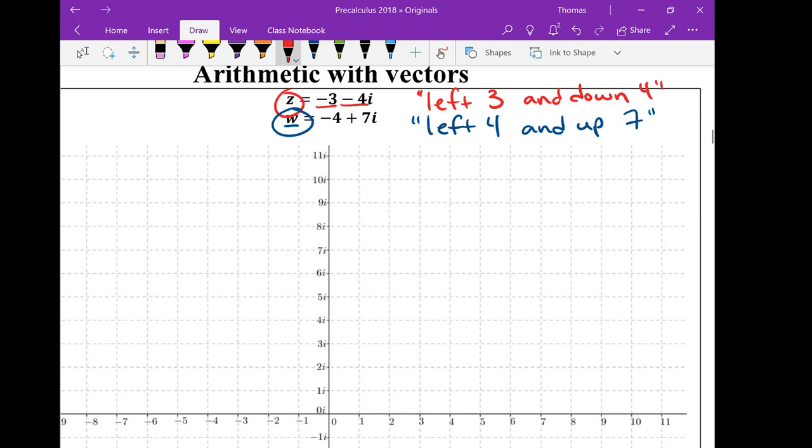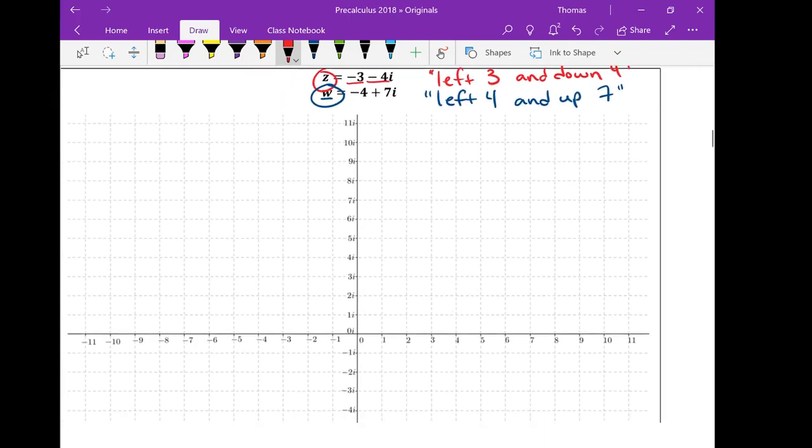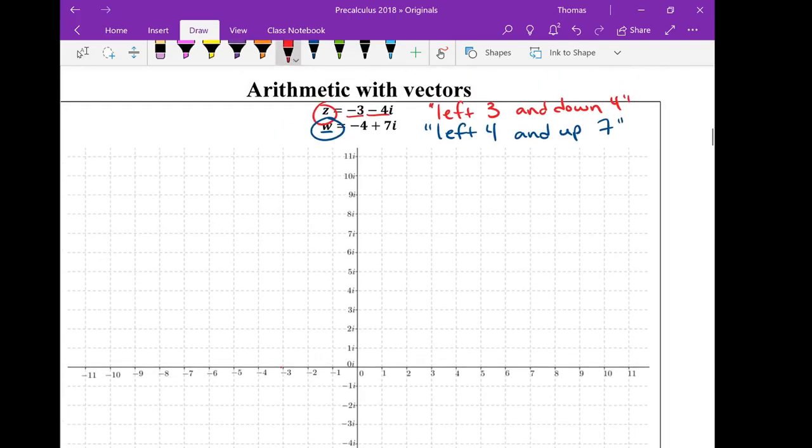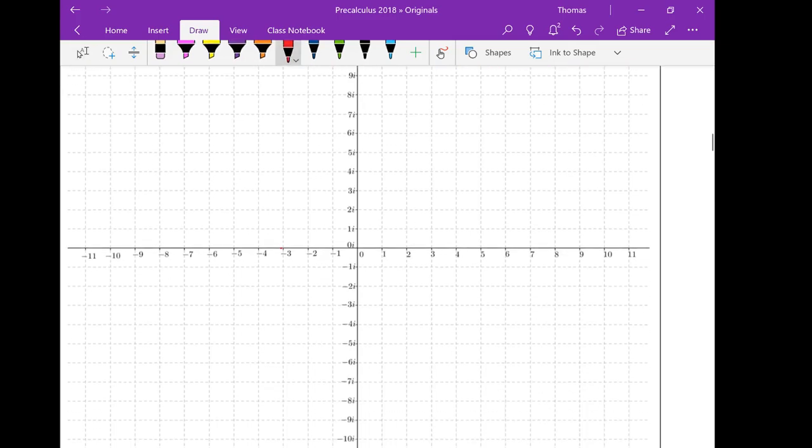So first I'm going to draw these. I'm going to use red for z and blue for w. So z is -3 plus 4i. It just goes to that point right there. I'll draw a nice little arrow. Oops, my bad. -4i. -3, -4i is down here. So that's our vector z right there.